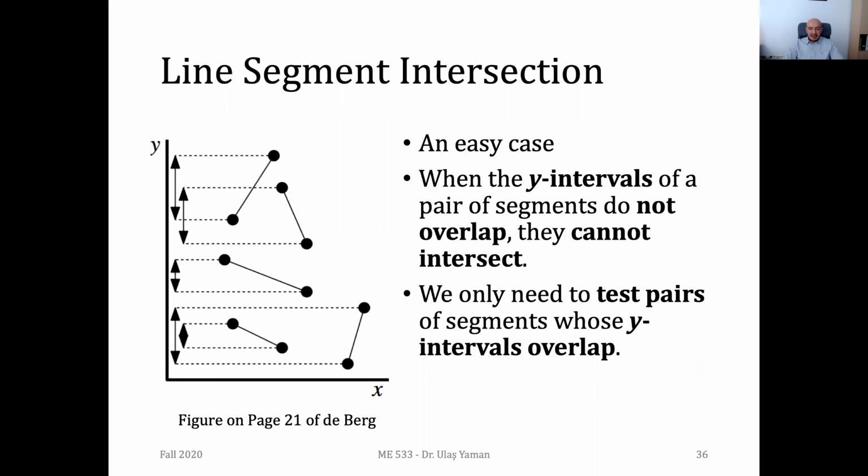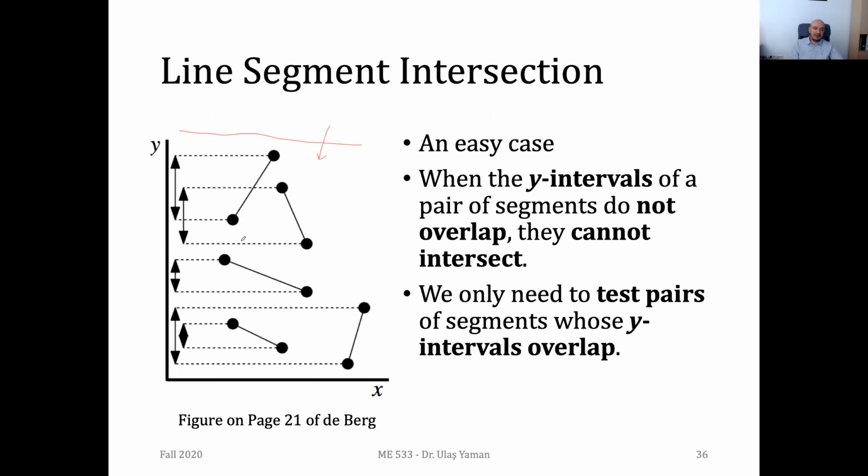We will have a virtual line, a fictitious line, which will be moving downwards. And while going downwards, this will be scanning the whole plane, and on the fly, we will try to determine these intersection points.